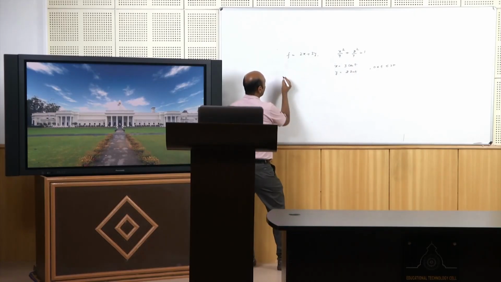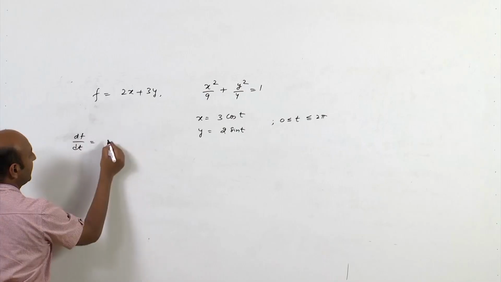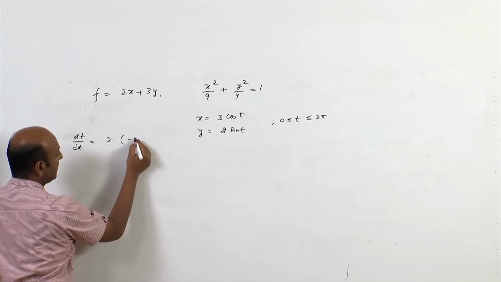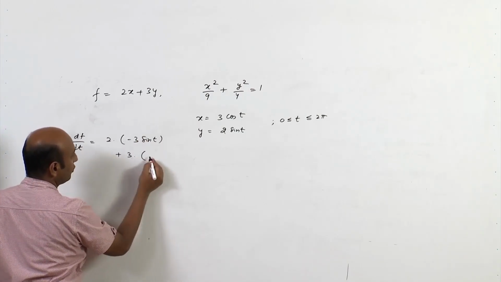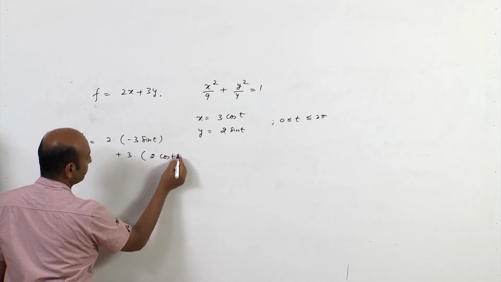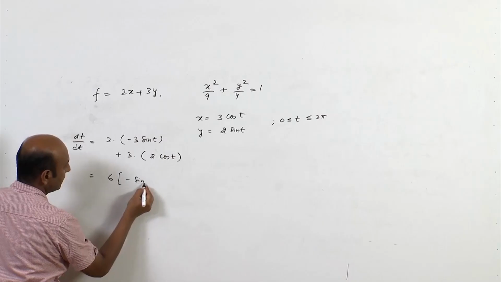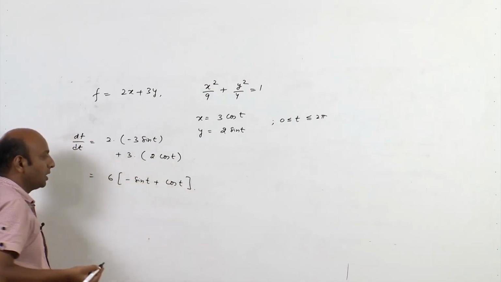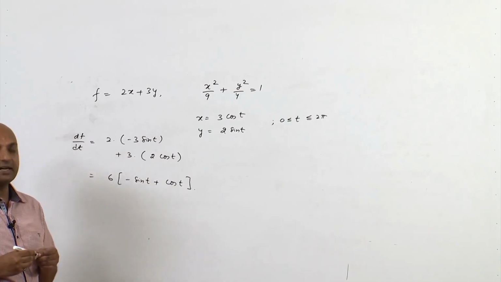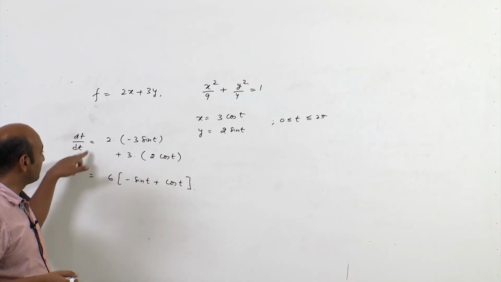Now you can simply find df by dt, which is simply del f by del x into dx by dt plus del f by del y into dy by dt, and it is simply 6 times minus sin t plus cos t, and you simply differentiate it with respect to t.